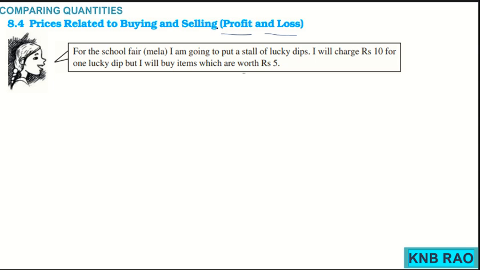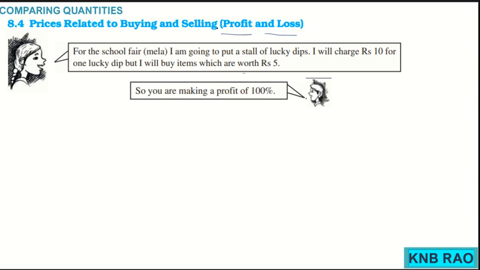But try to understand, she is charging 10 rupees for one lucky dip, but she will be awarding only a 5 rupee item. Hearing this, her friend said, oh, so you are making a profit of 100%, right?